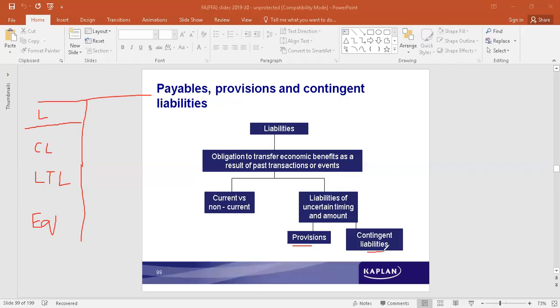Equity is the liability to the owners. What would we have under equity? The amount of capital that is contributed, in case of a company, we call the share capital. So the share capital, any premium amount, all of them would be there. Each period, whatever net profit is earned belongs to the owners, the shareholders.